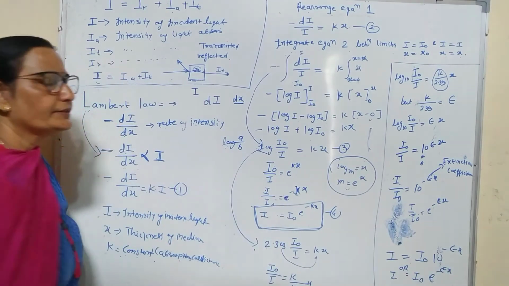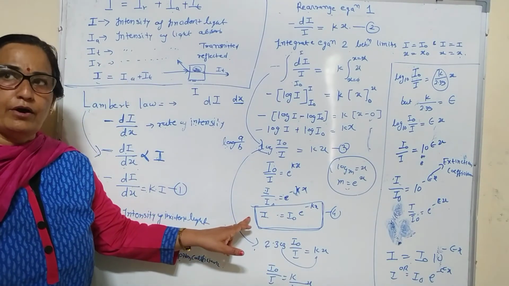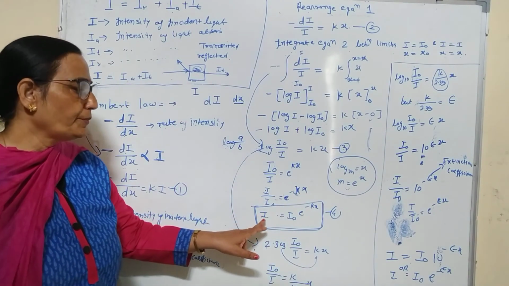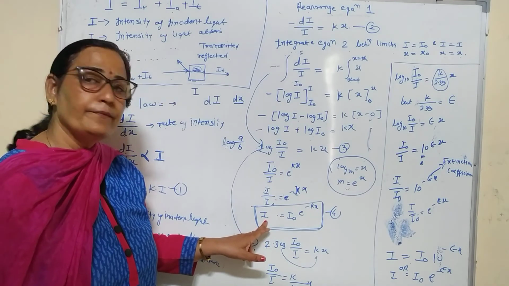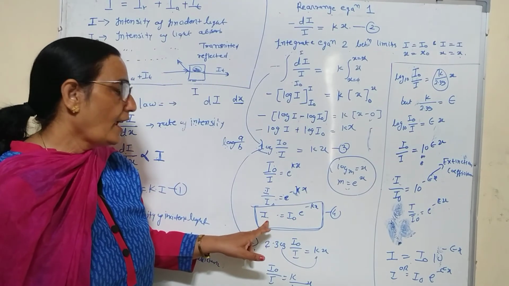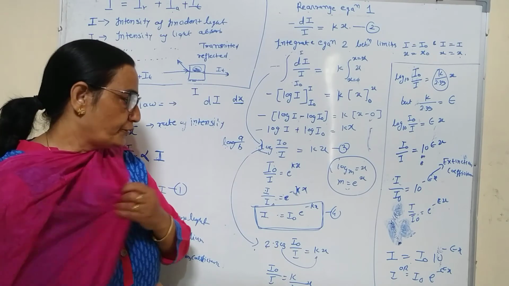This equation is called as Lambert law, and this equation gives the relation between intensity of an incident light and the light absorbed.